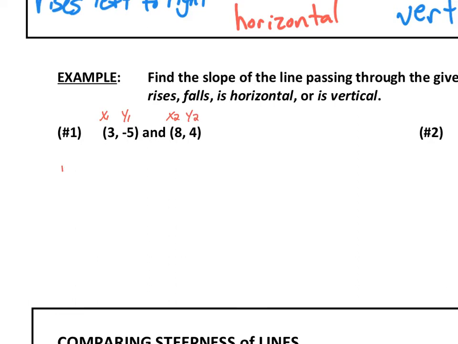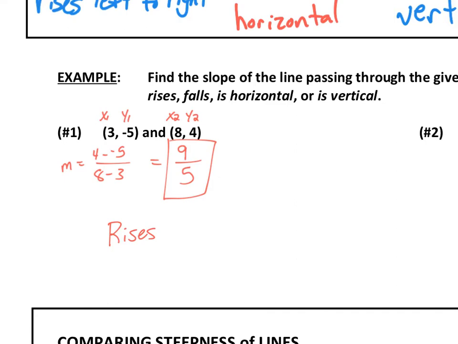To find slope, m equals y2 minus y1, so 4 minus negative 5, over x2 minus x1, so 8 minus 3. 4 minus negative 5 is positive 9. 8 minus 3 is 5. So the slope is 9 over 5. This means that it rises. It goes up from left to right.